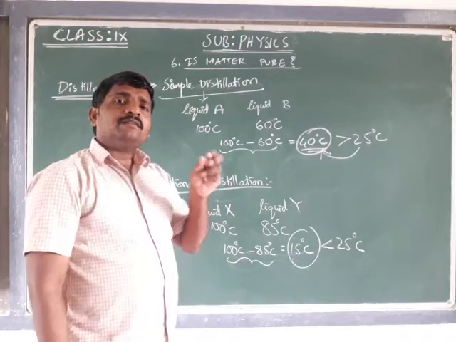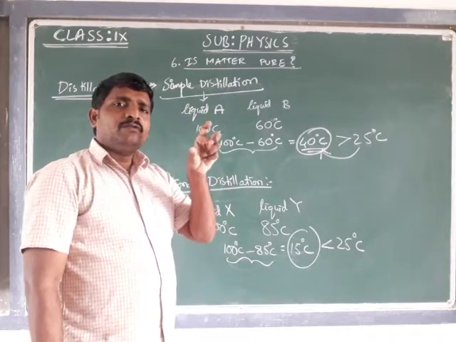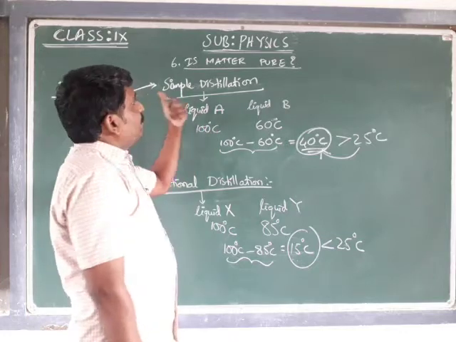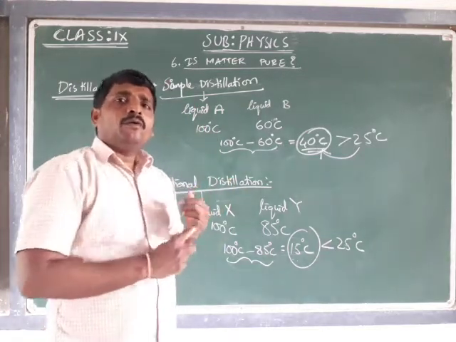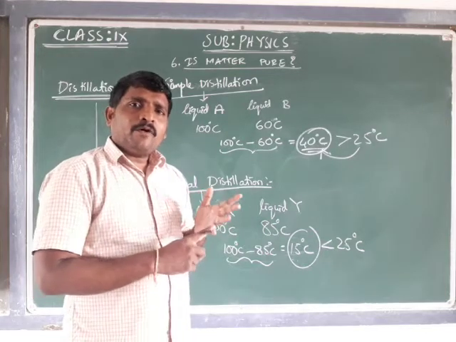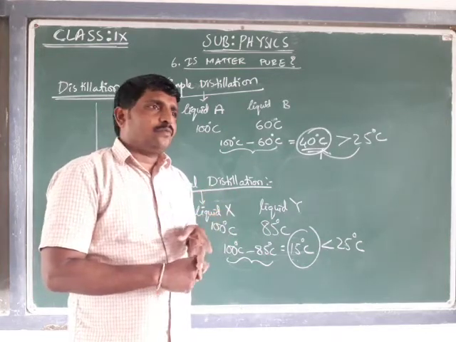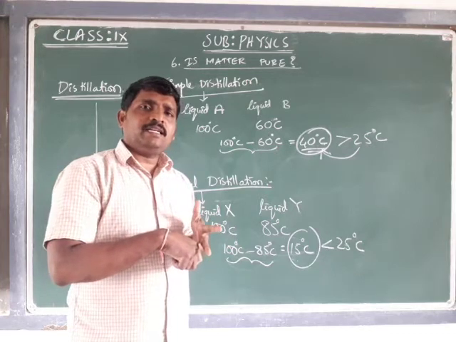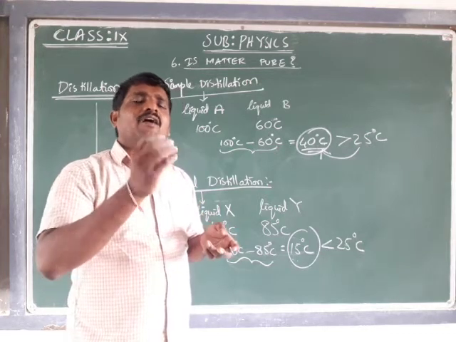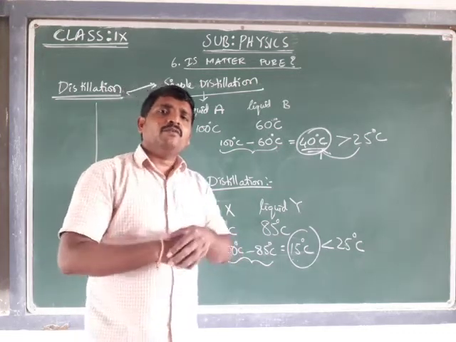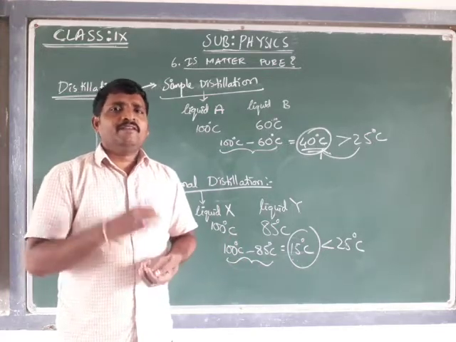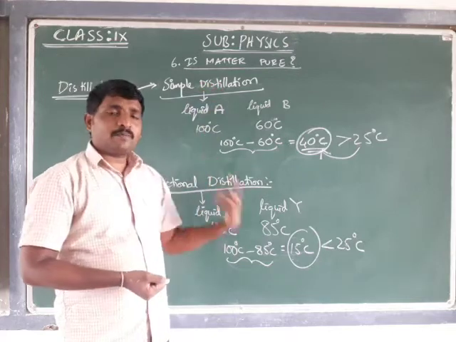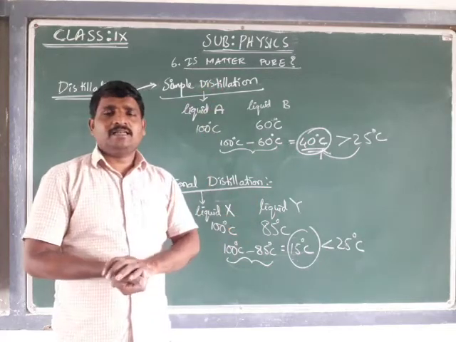That means whenever we are going to perform the distillation process, we have to know the boiling points of the respective liquids present in the mixture, and depending on the difference between those two boiling points, we will select either the simple distillation process or the fractional distillation process.